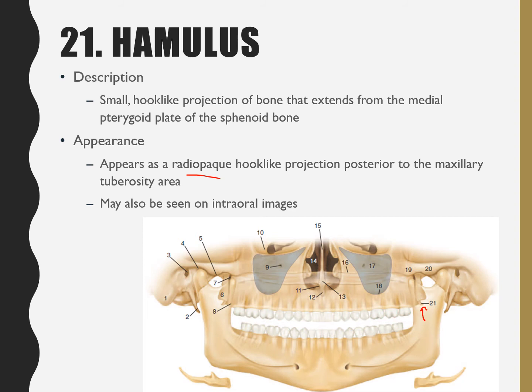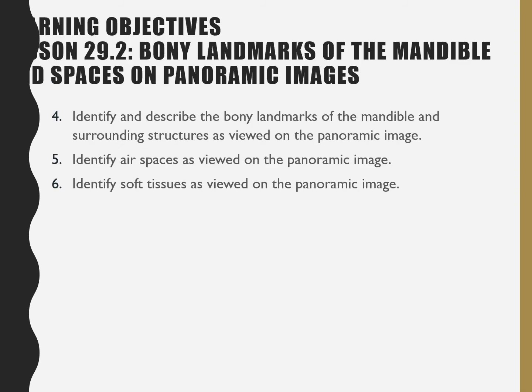The hamulus is also called the hamular process, and it's located posterior to the maxillary tuberosity. It's that little dangly thing right behind. Don't get it confused with the styloid process, though. This one over here is the styloid process. This is the hamulus.